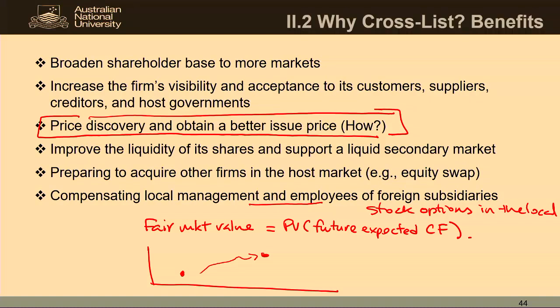There's not enough information about your value. So by going to a foreign market and listing on the foreign market, you get expertise from those foreign markets to discover your value, to generate information about your company, to make you more visible, right?